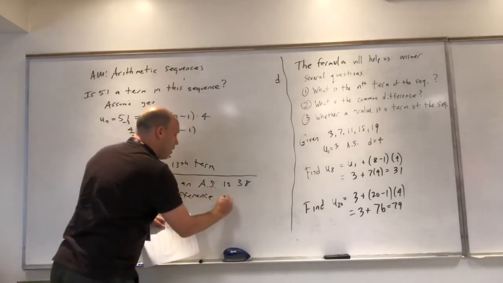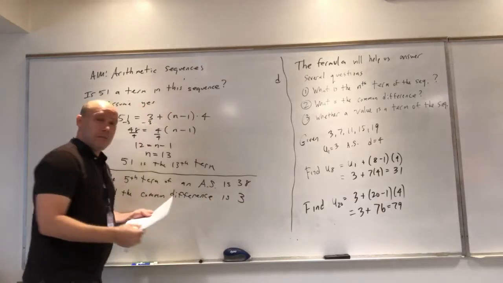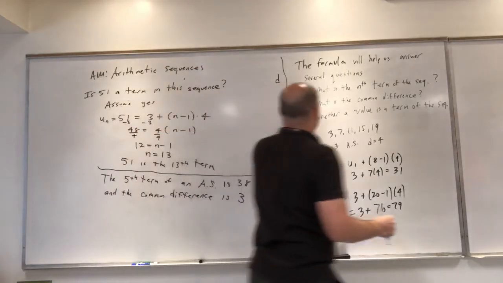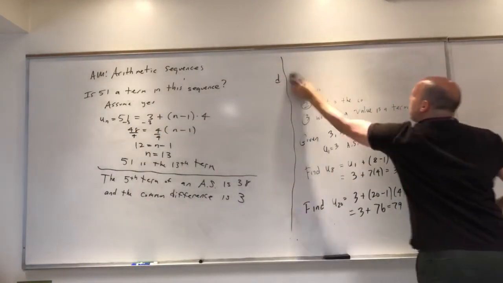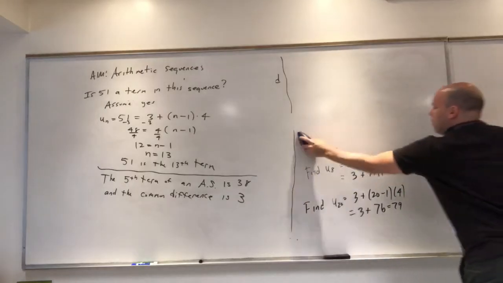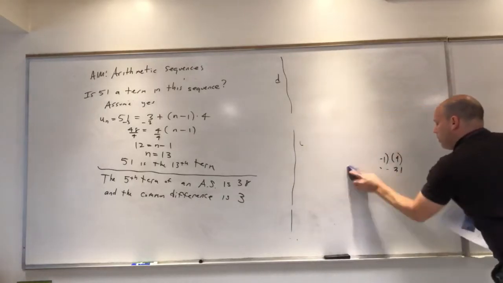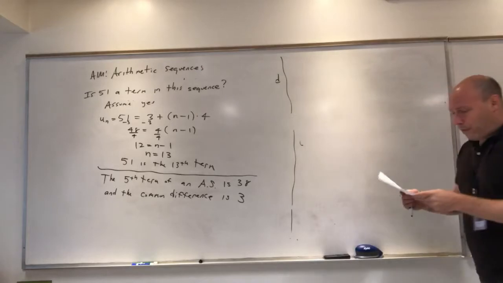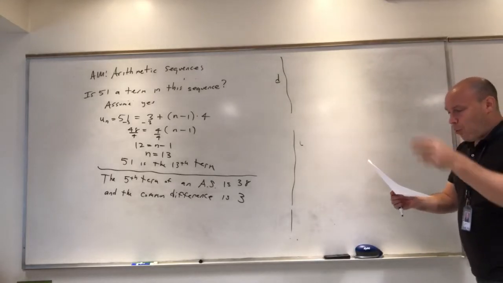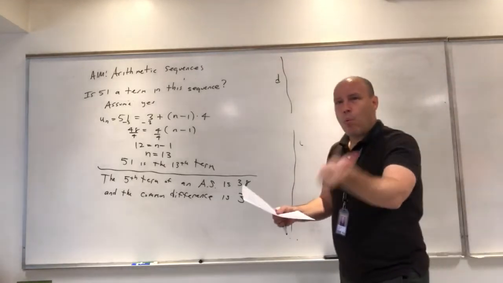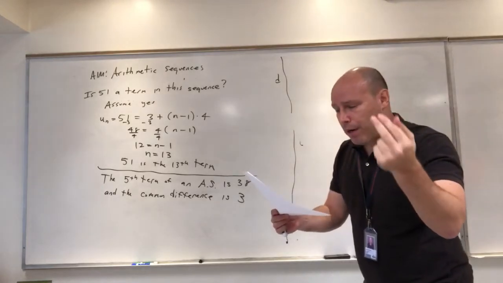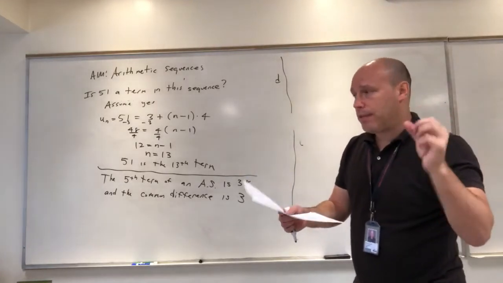Is 3. So I have a couple of questions to ask you. First, what's the first term? What's the 9th term? And I want to know, is 68 a term of this sequence?